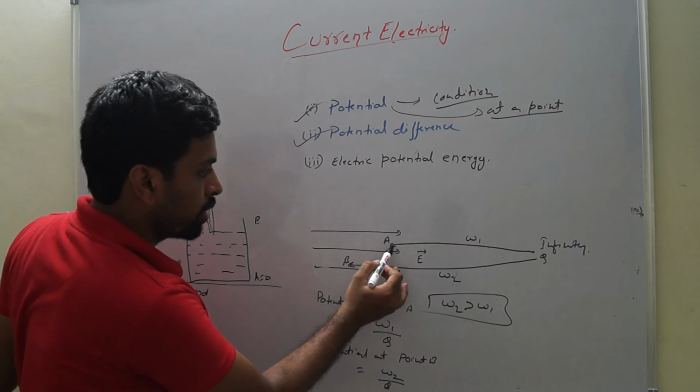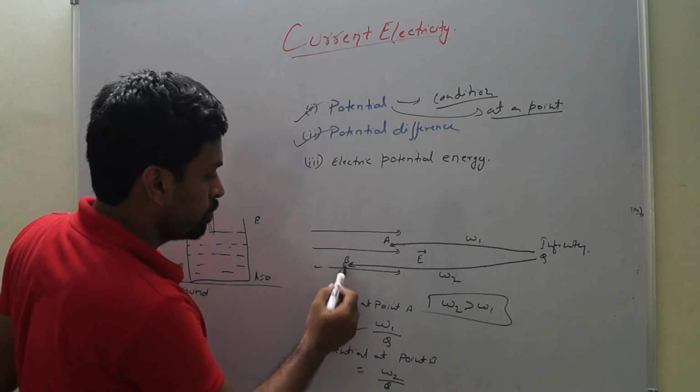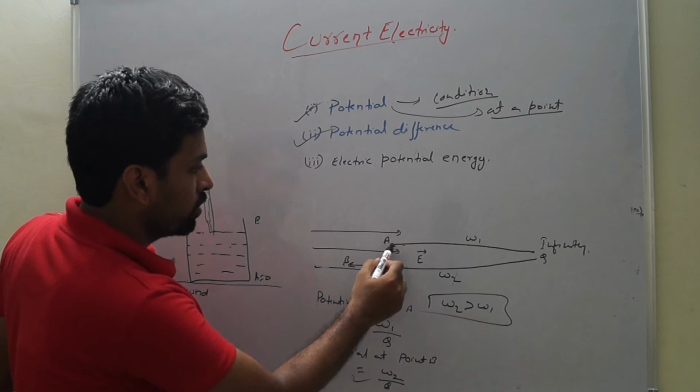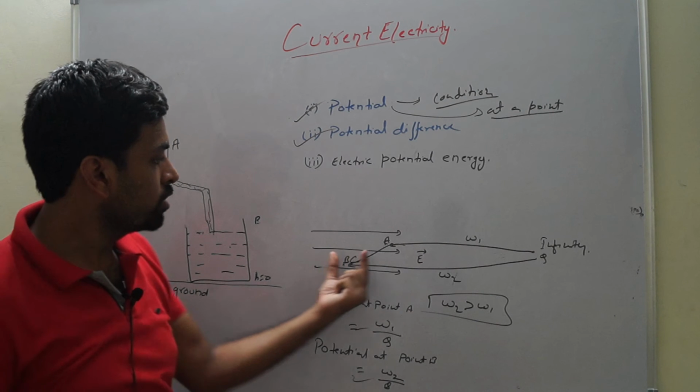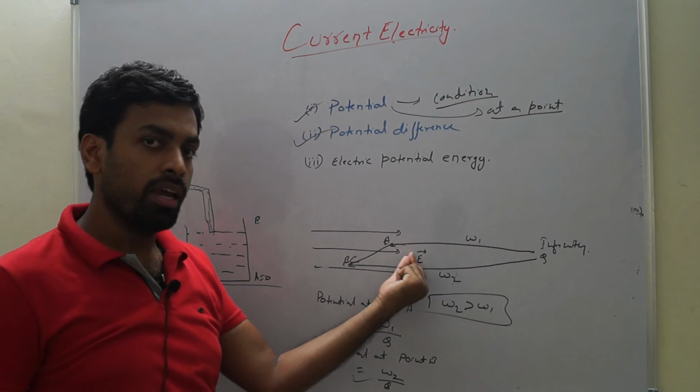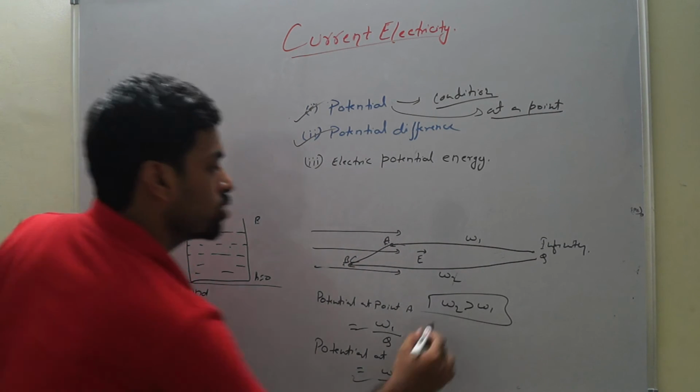We know the potential at this point A, and we know the potential at B. So if I want to find the difference between the potential at point A and point B, we get what is called potential difference.